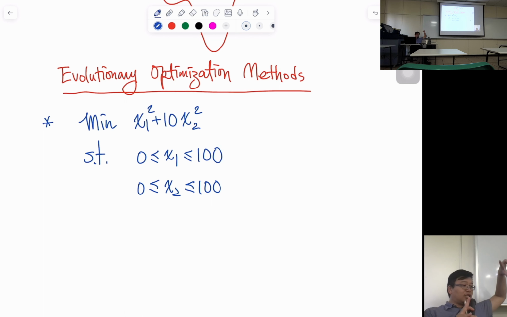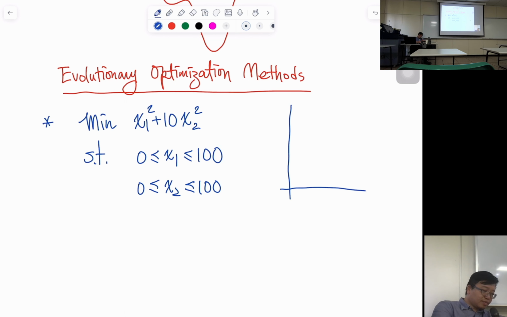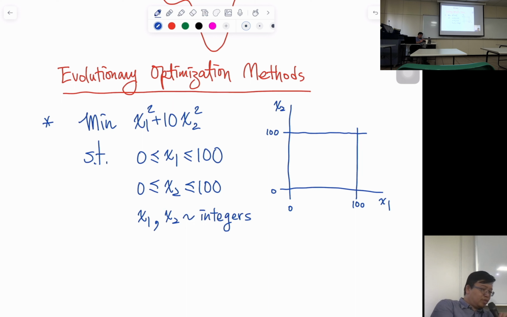So in the design space, there's a box. Here's x1, here's x2. So here's 0, 0, here's 100, 100, okay? So the solution set is inside the box. And also x1 and x2, they are integer, okay? They have to be integers. That means how many solutions are there? 101 times 101. Okay? Solutions.